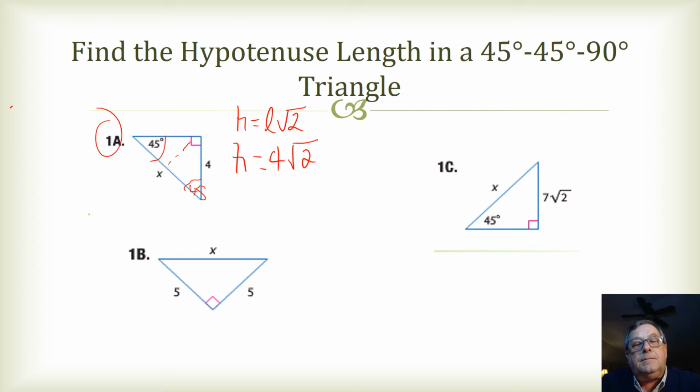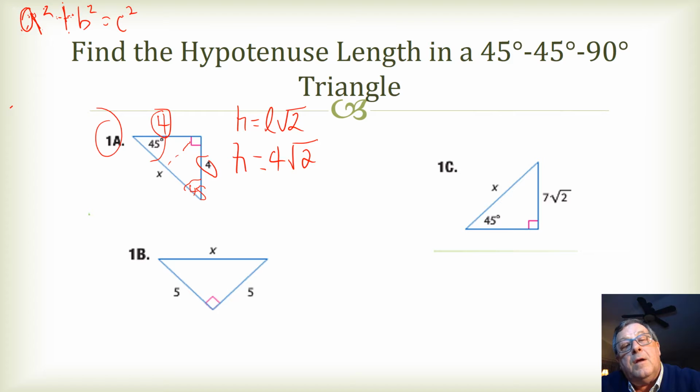Before we move on to the other two, let's prove that that's the case. If this is a leg and its measure is 4, then this other leg's measure is also 4. If we use the Pythagorean Theorem, a squared plus b squared equals c squared, where a and b are the measures of the two legs.